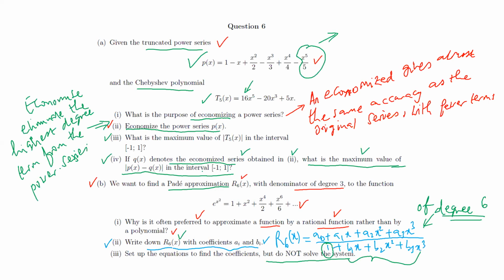First and foremost, we are given e to the power x squared, which is 1 plus x squared plus x to the fourth power over 2 plus that, which is e to the power x squared.